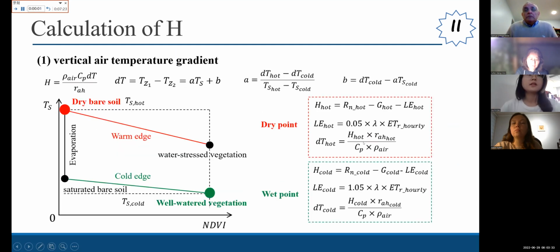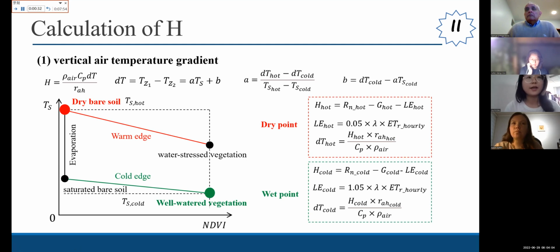For the energy balance model that calculates evapotranspiration, the difficulty lies in the calculation of sensible heat flux, which directly determines the result of latent heat flux.